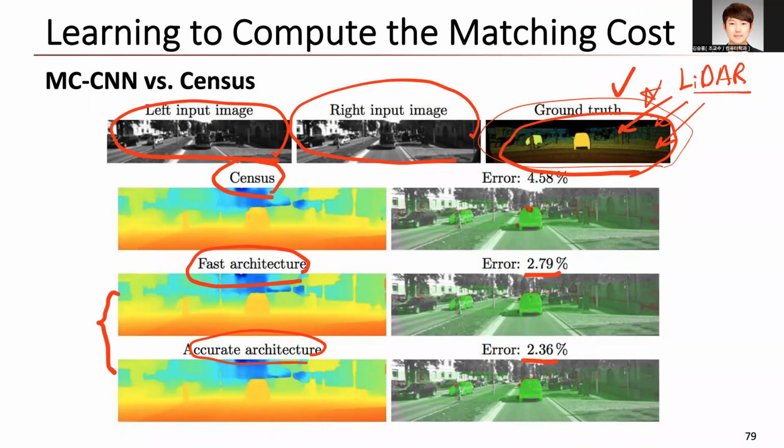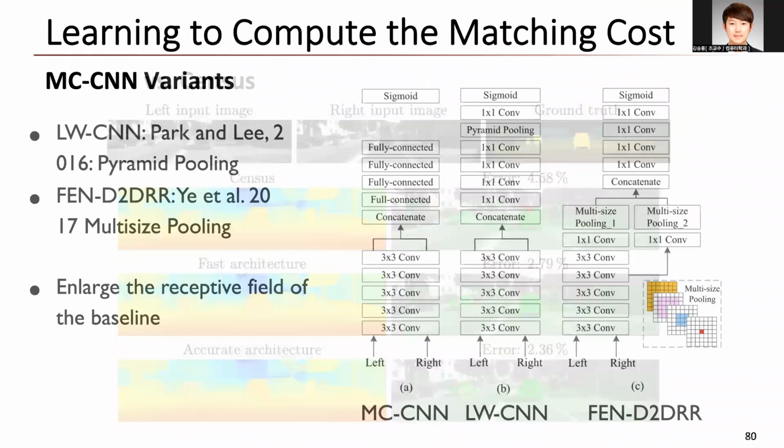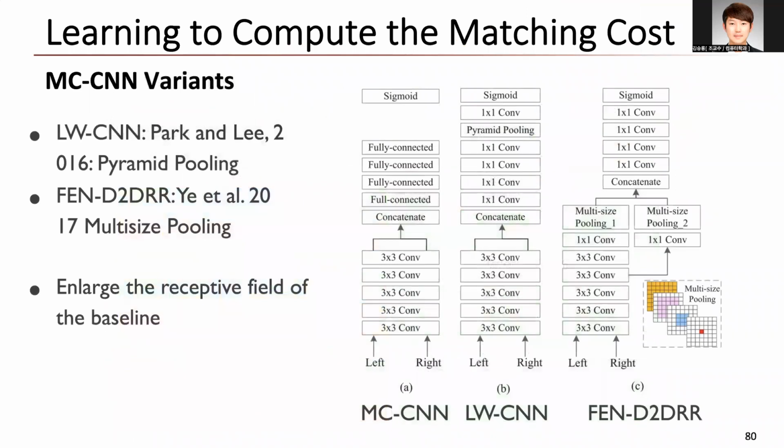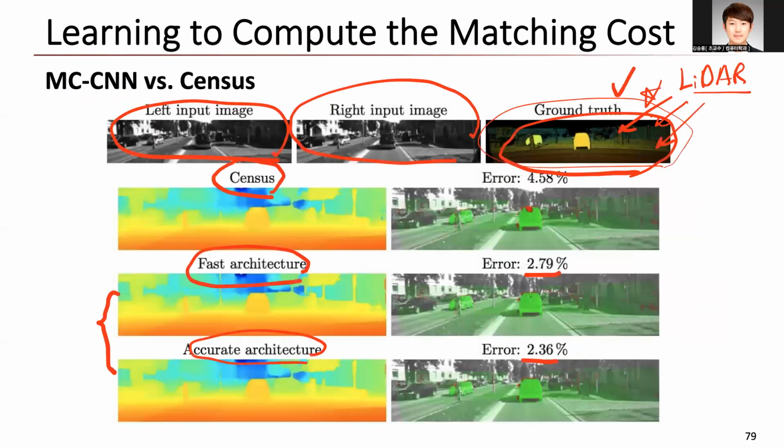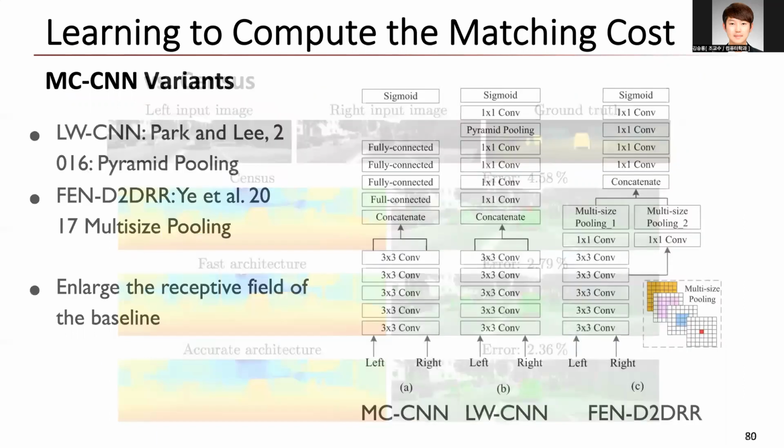So this is MC-CNN, learning to compare the matching cost in stereo matching. And of course, there were so many variants, MC-CNN variants, and so on, blah blah blah. But the main idea, the main philosophy, started from this paper, the MC-CNN paper, in the stereo matching field.